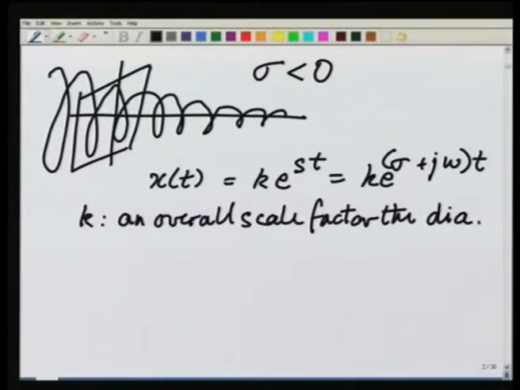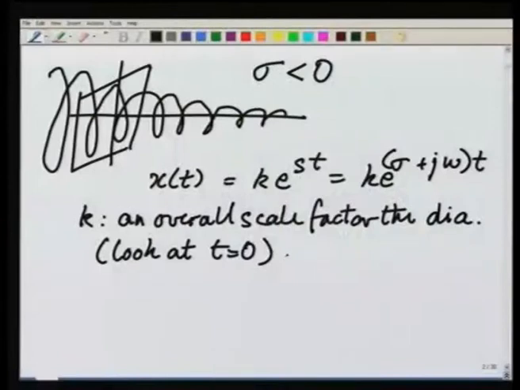The value of k will affect the diameter uniformly all over. If k equals 2, then it would be 2 everywhere, but the right place to check for the value of k is to look at t equal to 0. Because at t equal to 0, if k were equal to unity, we would have a diameter of unity.